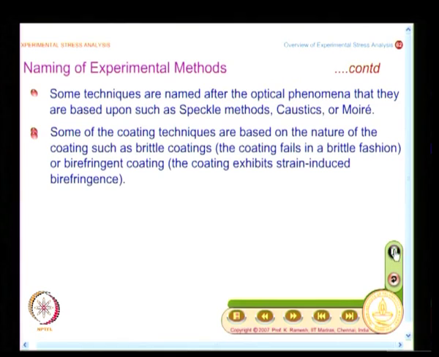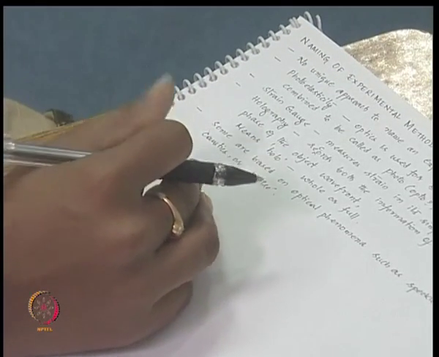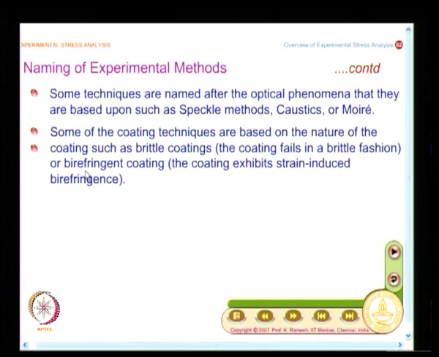And we have also seen coating techniques. What have we seen? We have seen brittle coatings, we have seen birefringent coatings. Why do I call it brittle coating? I have a coat that is put on the model, it fails in a brittle fashion.